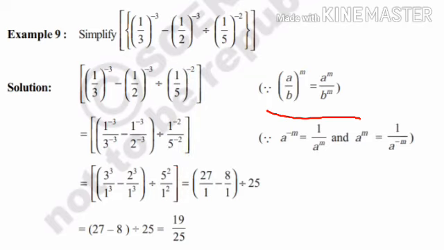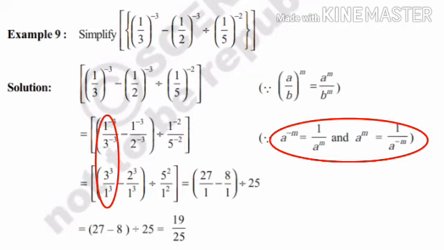Since (a/b)^m = a^m / b^m. Next step, 1^-3 / 3^-3 we can write as 3³ / 1³, according to a^-m = 1/a^m and a^m = 1/a^-m. Minus 1^-3 / 2^-3 we can write as 2³ / 1³, divided by 1^-2 / 5^-2, which can be written as 5² / 1².